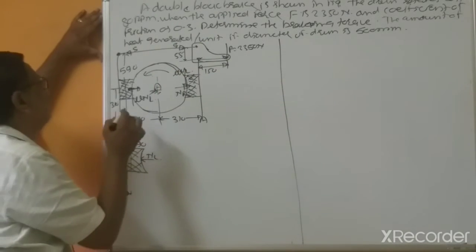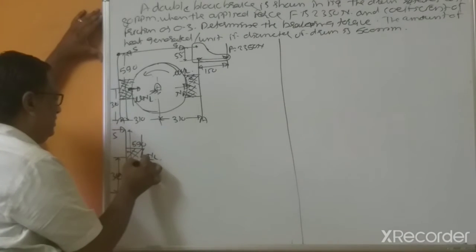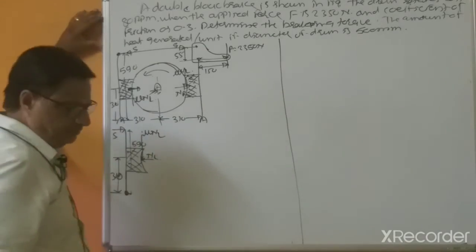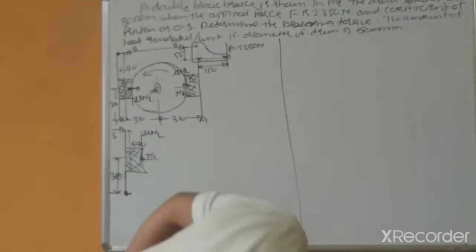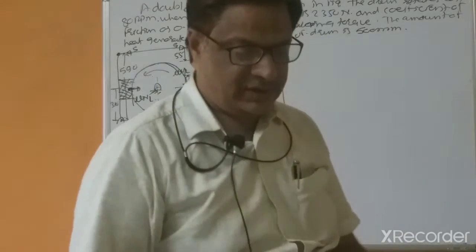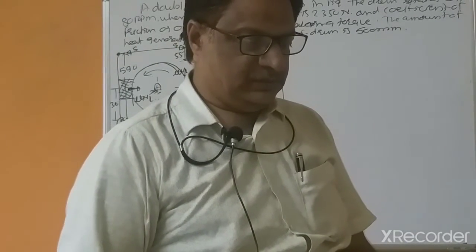So that's why here this is mu NL. So we have to calculate NL.